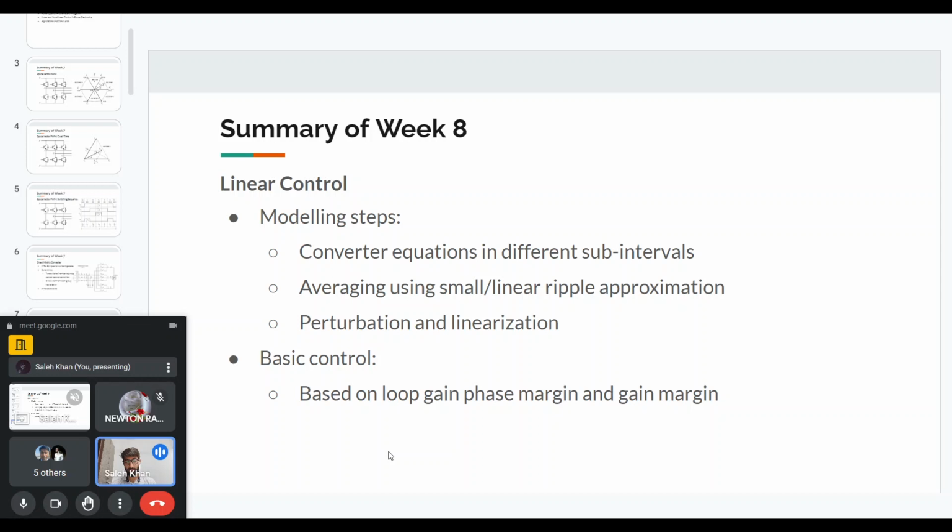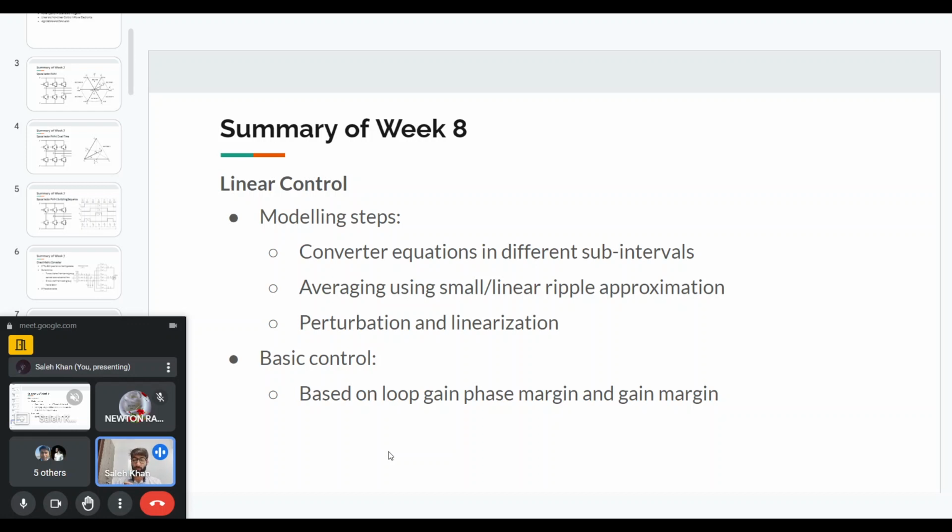In linear control, we first model the converter in the following steps. We find the equations of the converter in different subintervals. As we know, here I'll talk about DC-DC converters. In one switching state, we have different subintervals depending on which switch is on. So we first find the different converter equations in each subinterval, and then we average over the full switching interval, and we use what we call a small or linear ripple approximation, as I'll talk about.